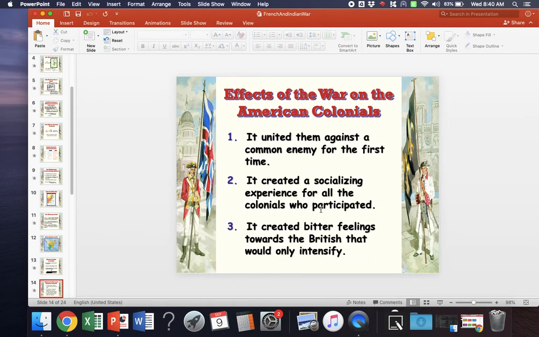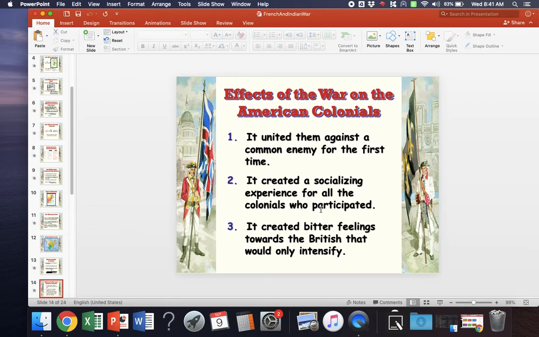Effects of the wars on the colonials. It united them against a common enemy for the first time. Before the French and Indian War, there were 13 unique, different, separate colonies. And again, we spent a lot of time at the beginning of this course talking about how individualized each one of these colonies really were. And how are you going to get all of these colonies together?